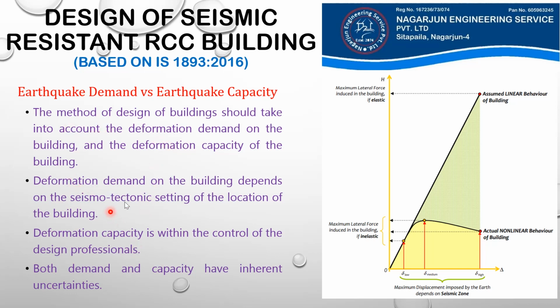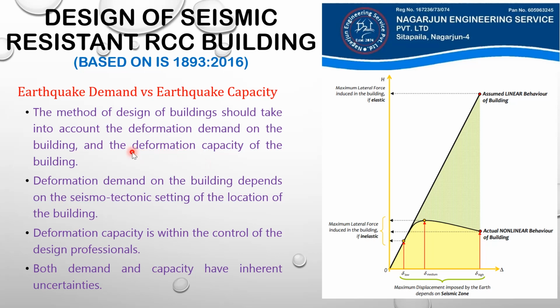Let's see here, deformation demand on the building. The method of design of a building should take into account the deformation demand on the building. What forces act on the structure? What is the demand that is imposed on that structure? And the deformation capacity of the building. And then based on those forces, what capacity of the structure shall we give? What capacity shall we give to the structure in response to the demand that is imposed on the structure?